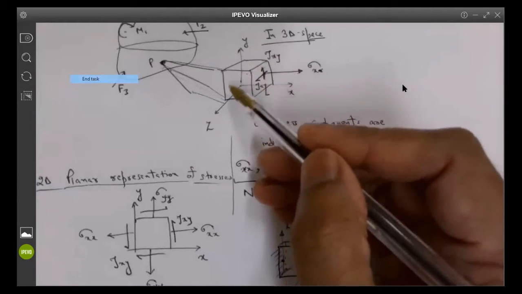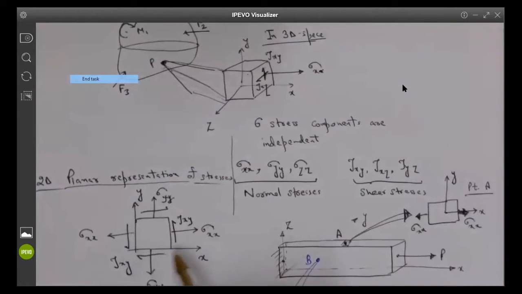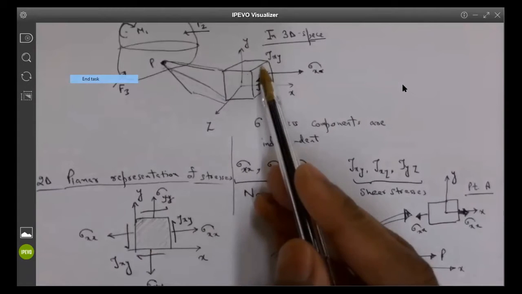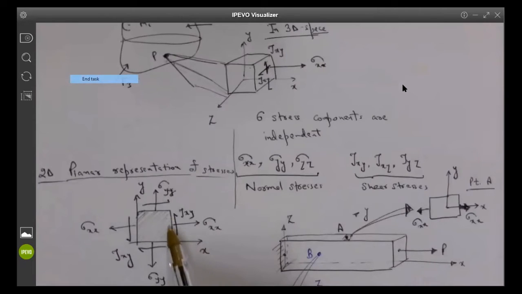If I squeeze a material in the Z direction, I get the stresses in one plane. This material will now have only three components: sigma xx, sigma yy, and tau xy, right?